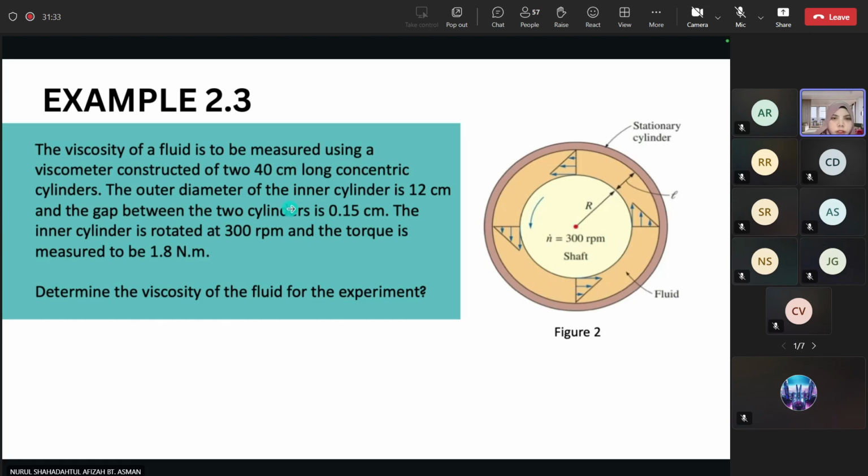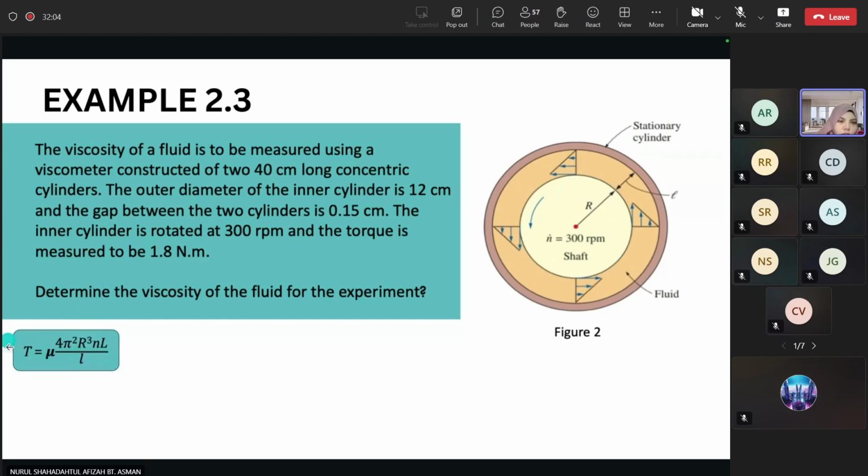The outer diameter of the inner cylinder is 12 centimeter, and the gap between the two cylinders is 0.15, so this is the length. The inner cylinder rotates at 300 rotations per minute, and the torque is measured to be 1.8 Newton meter. You need to find the viscosity of the fluid for the experiment.